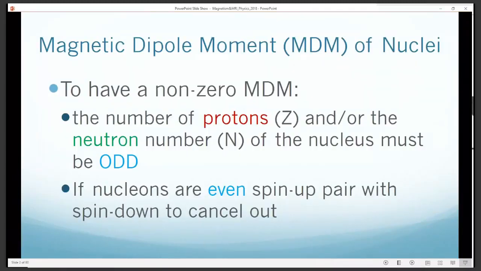Some nuclei have magnetic dipole moments. To have a non-zero magnetic dipole moment, the nucleus must have the number of protons and/or the number of neutrons be odd. That is, you have unpaired protons or unpaired neutrons. If the number of nucleons, either protons or neutrons, is even, those spins will pair up just like the electron spins pair up in the orbitals.